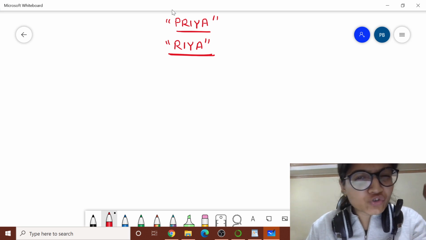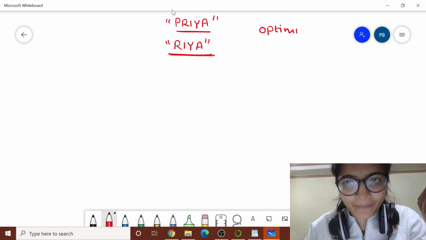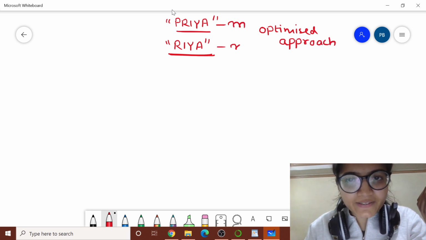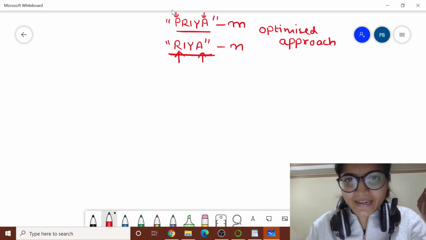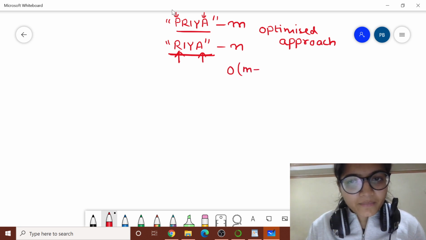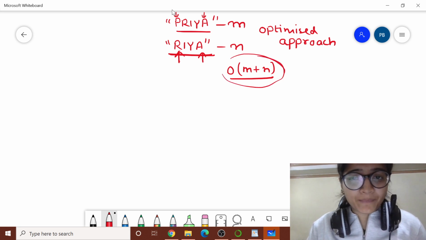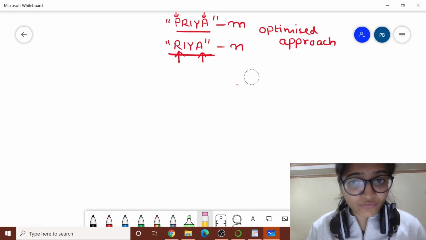The brute force approach is that this string has length m and this string has length n. You start traversing from the starting index to the end index and compare it with the second string's starting and ending index. You can do some optimizations and get O of m plus n. But when I am talking about the hash function, what will happen in that case?